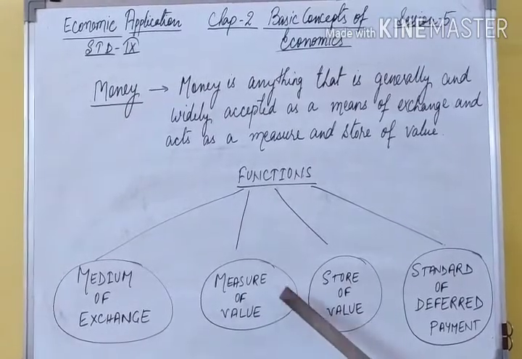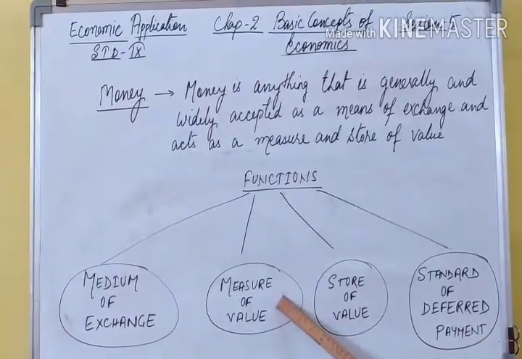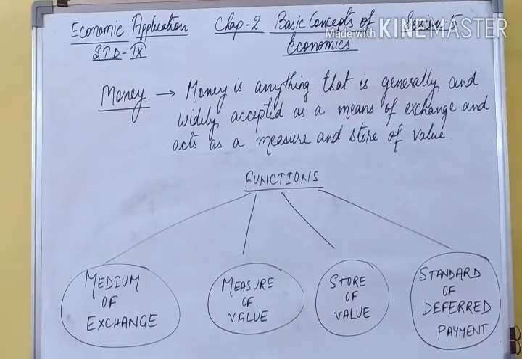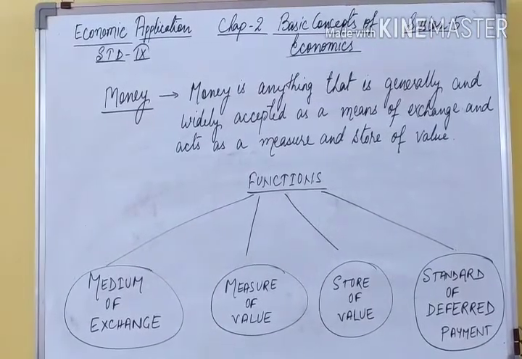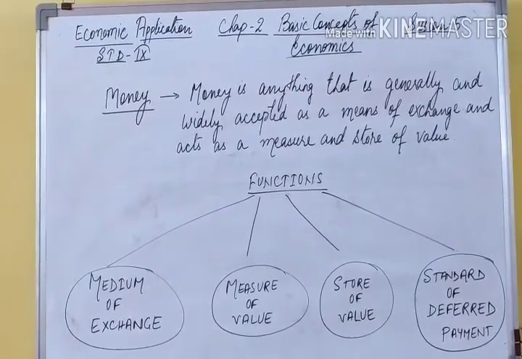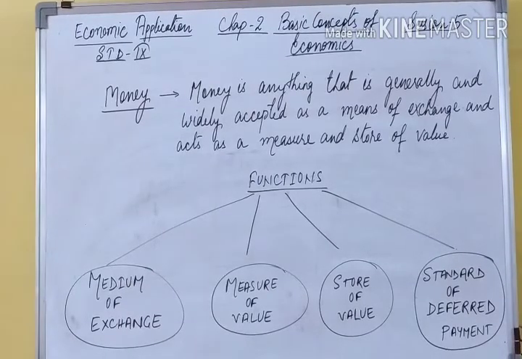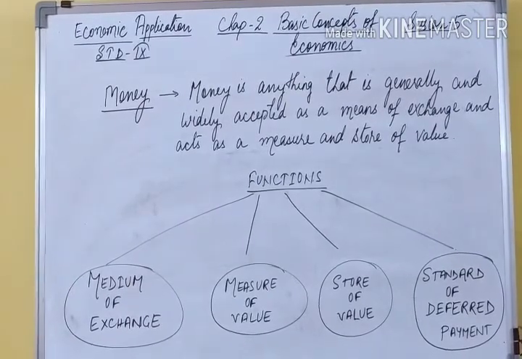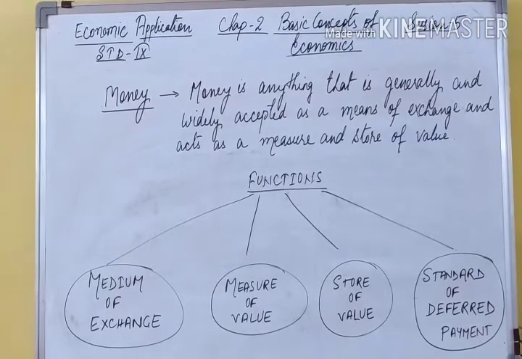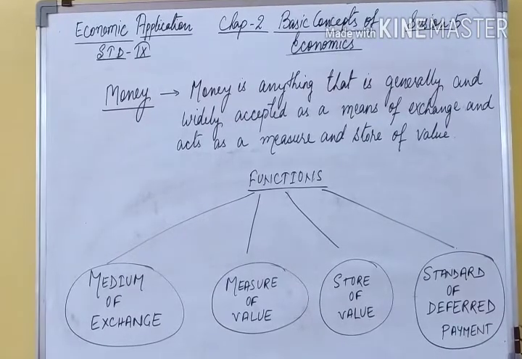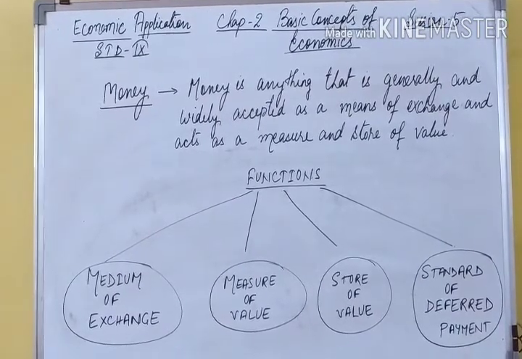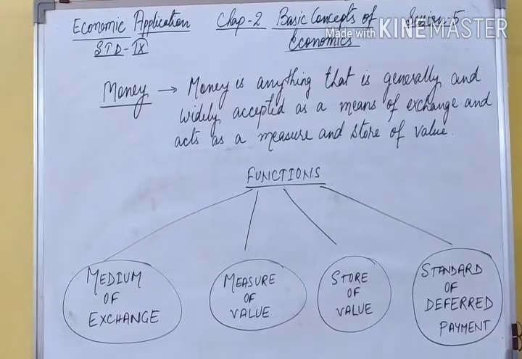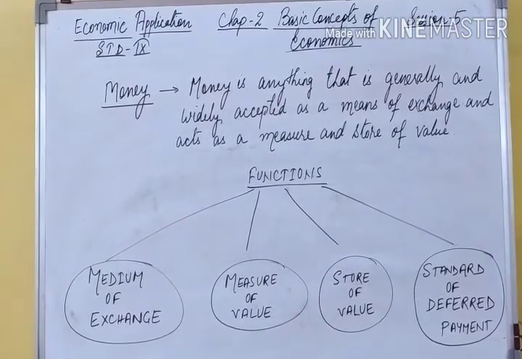Next, we move on to measure of value. Money helps us to measure the value of any commodity. For example, when you go to a shop to purchase 1 kg of potato or tomato, you ask, what is the price? The shopkeeper says, suppose it is 10 rupees per kilo.